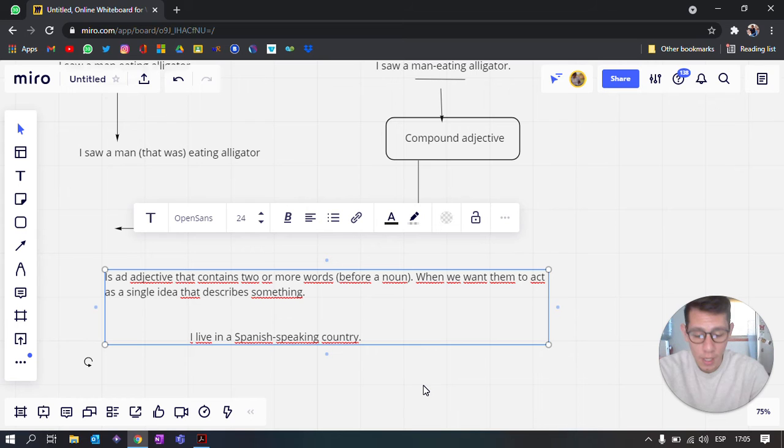When we use this type of adjective, which we call compound adjectives, it is a must to put a hyphen in the middle. We use a hyphen to connect the word Spanish and the word speaking, to show that now it is only one adjective.